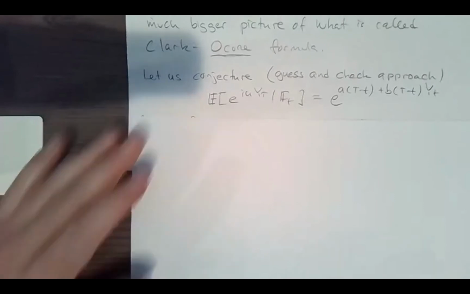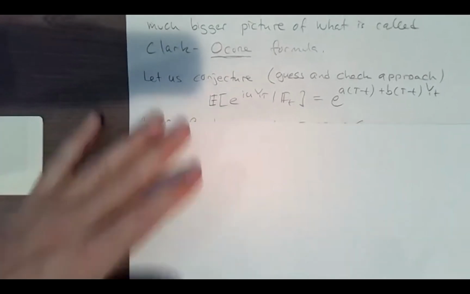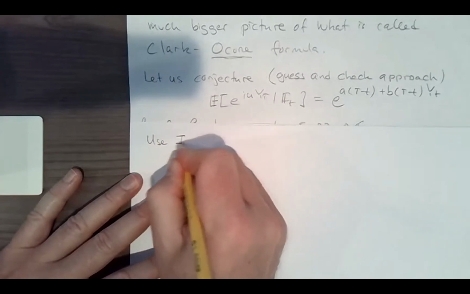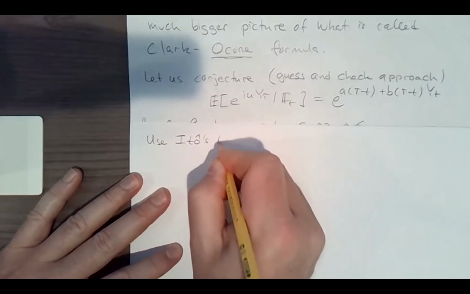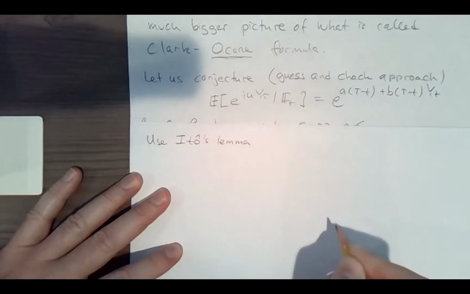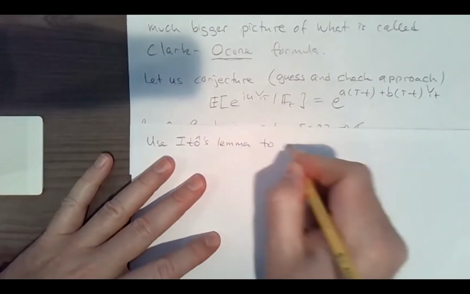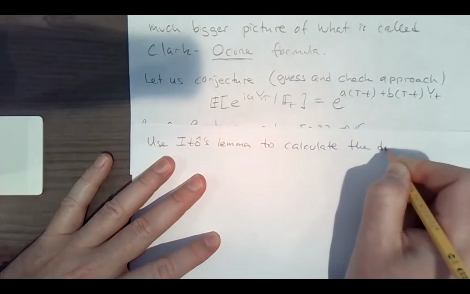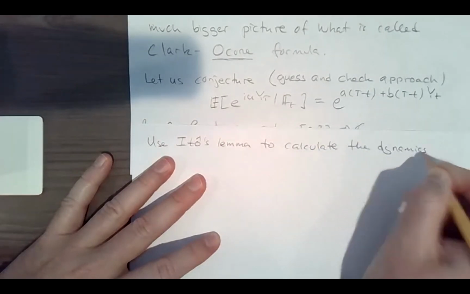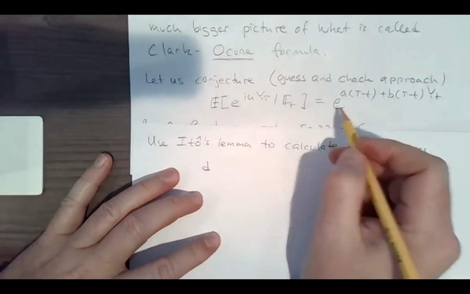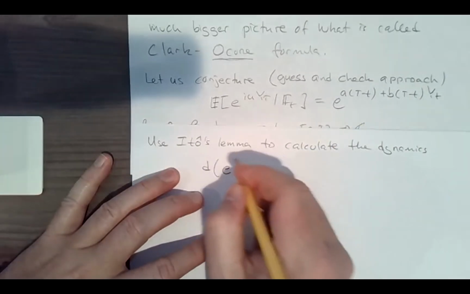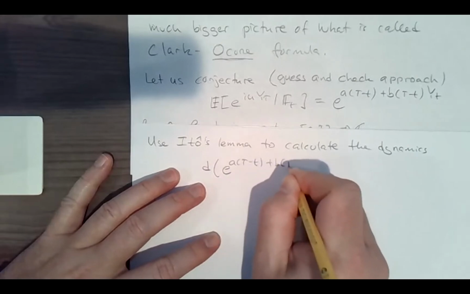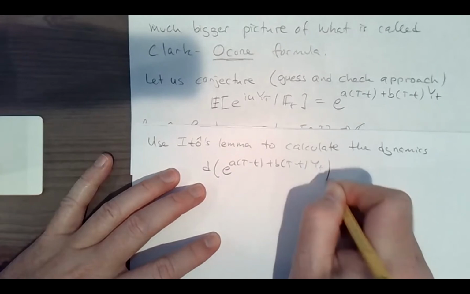Well, we will apply Ito's lemma. We're going to use Ito's lemma to calculate the dynamics. So you have d of that thing, e to the A(T minus t) plus B(T minus t) Y_t.